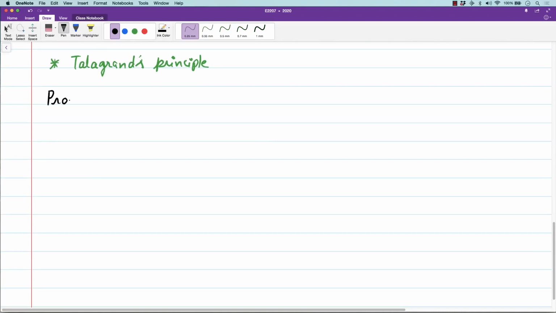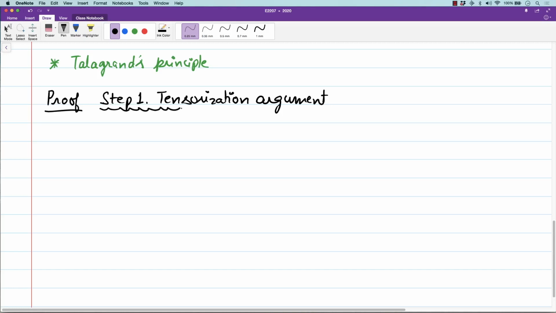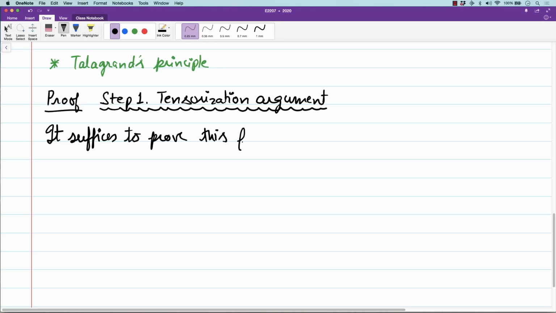The proof is very cool. Step 1 is what I'll call a tensorization argument. And I'll just say that it suffices to prove this for n equal to 1.